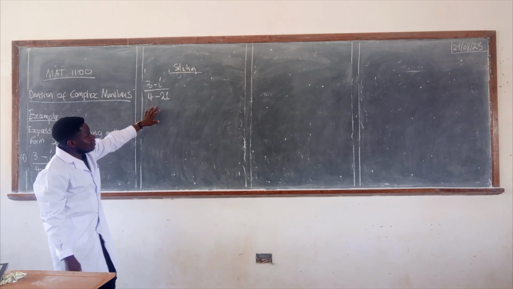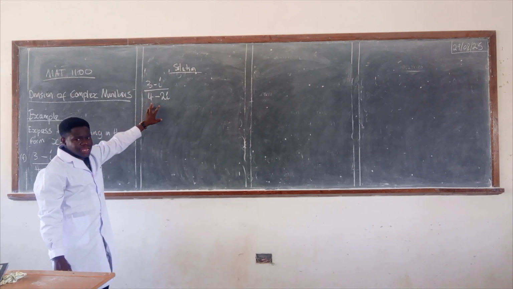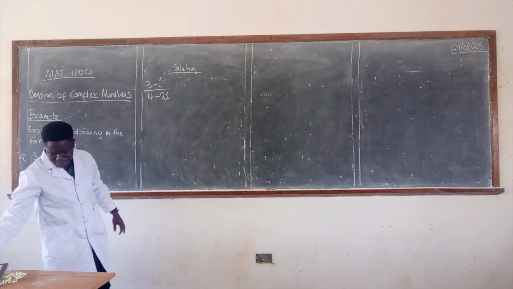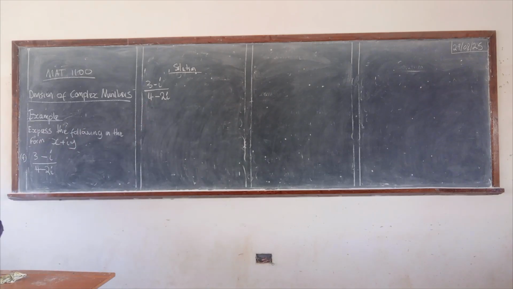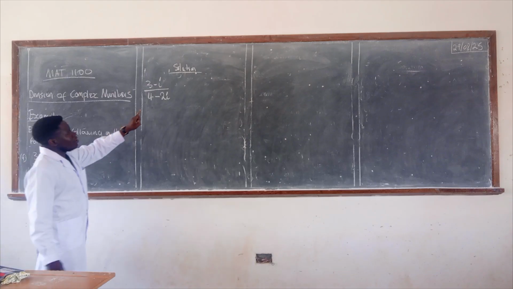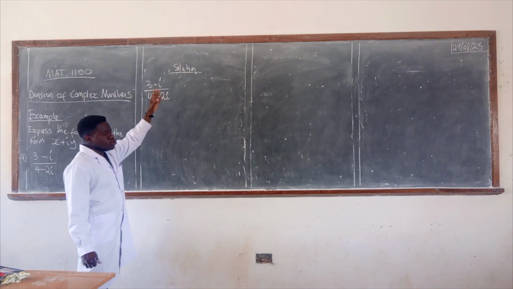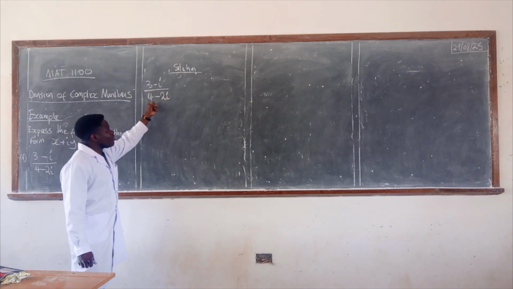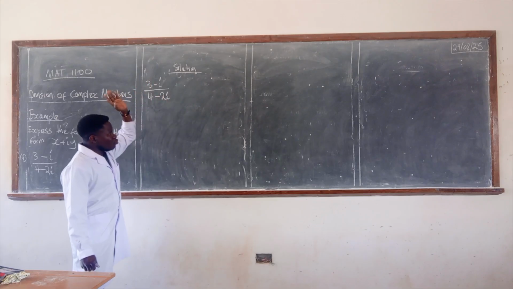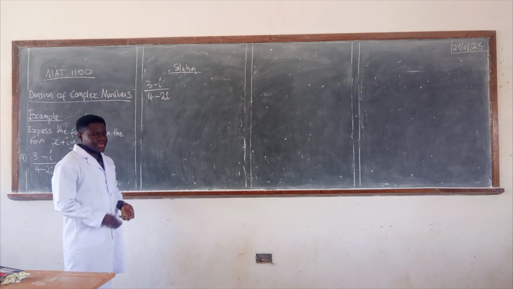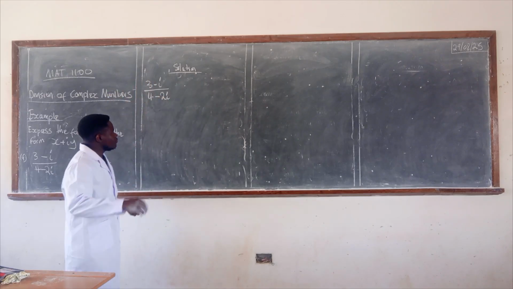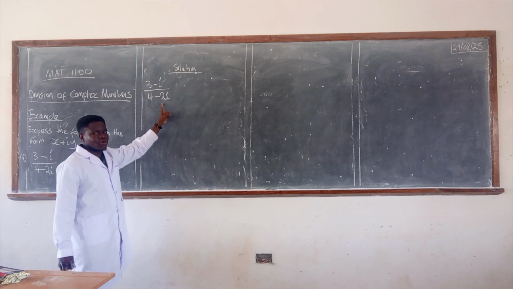So we're going to write the conjugate of the denominator and multiply it with all the complex numbers here.